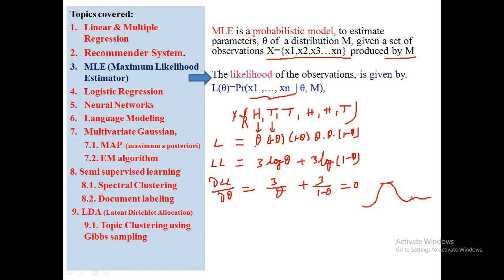Okay. So the optimal value, if it is minima or maxima, the tangent must be 0 at that point. If the horizontal axis is theta, so f dash theta must be 0.